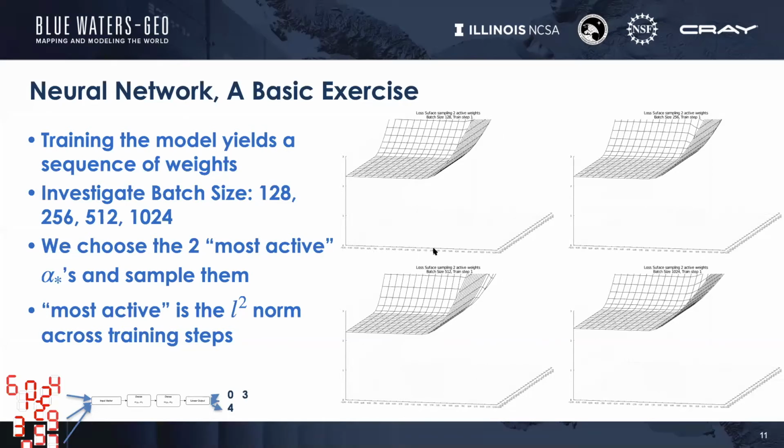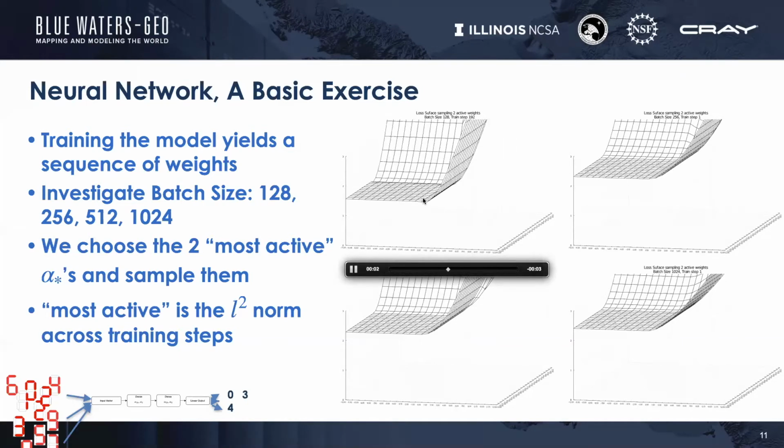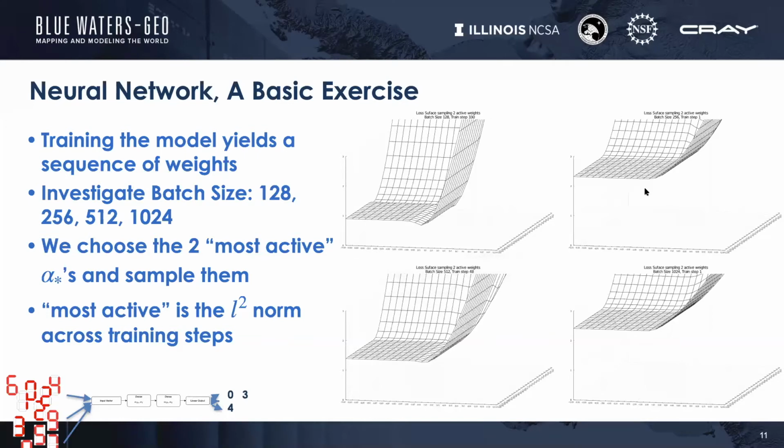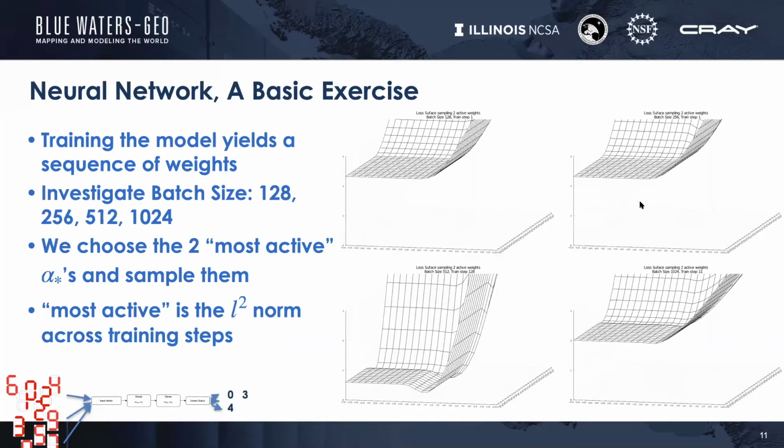Those are the weights that I plot on the X and Y axes in each of these plots, and then the vertical is the loss value. So what we see is the loss is indeed decaying. Next one and next one.